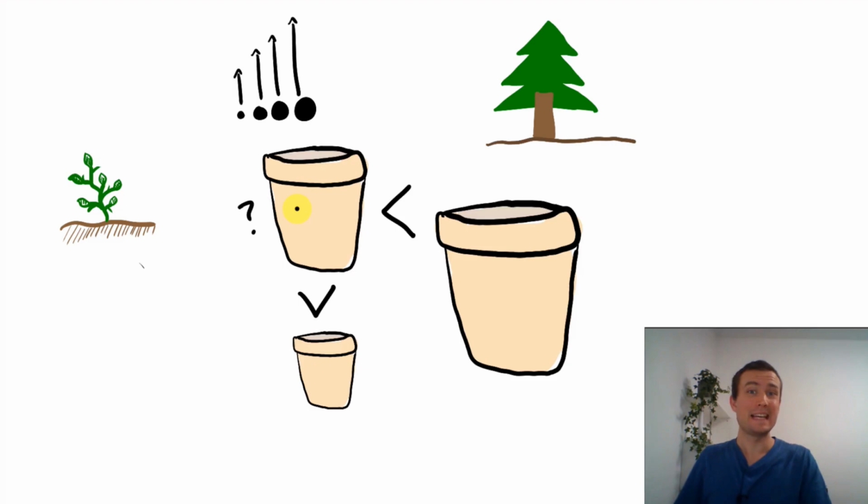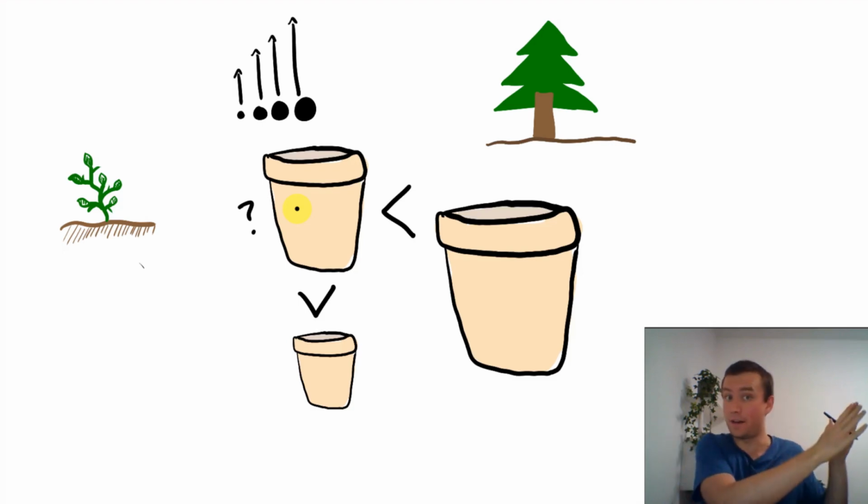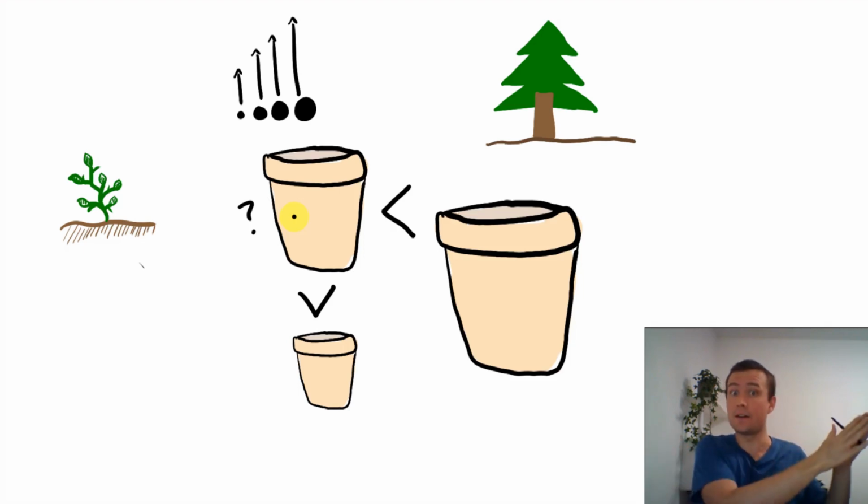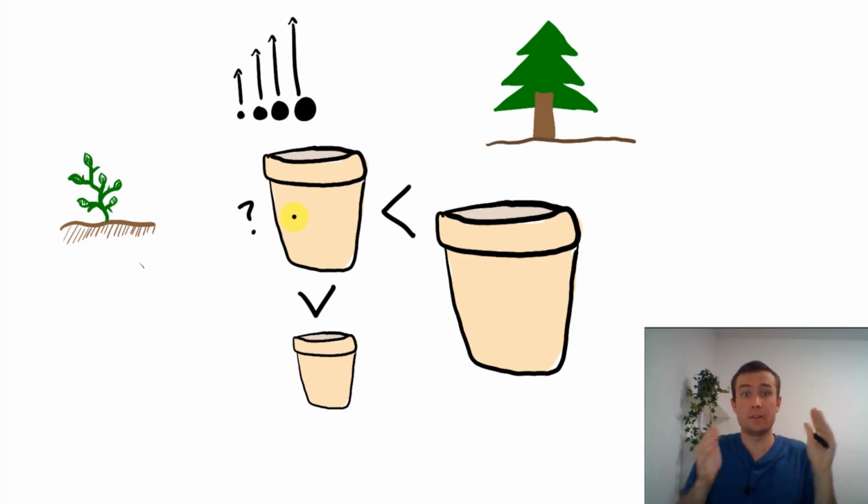This pot isn't the smallest pot because it's not smaller than both other pots. This pot is smaller than one of the other pots, but it's not smaller than both the other pots. So it's not the smallest pot.